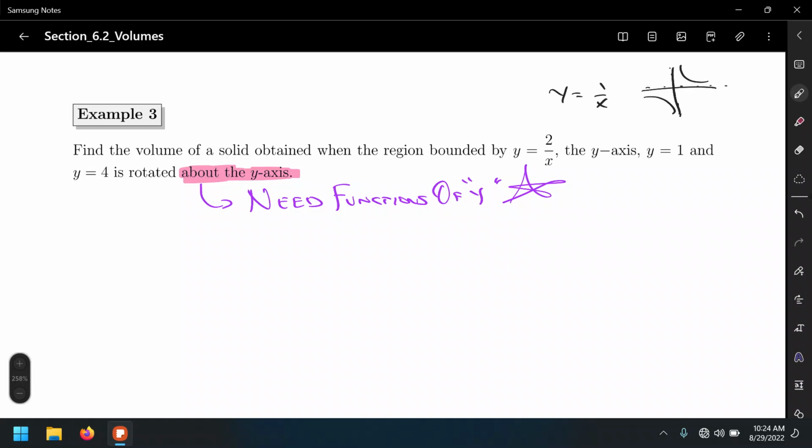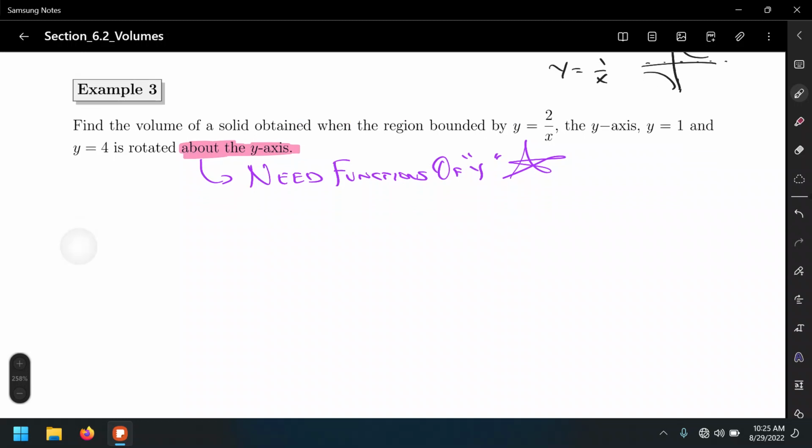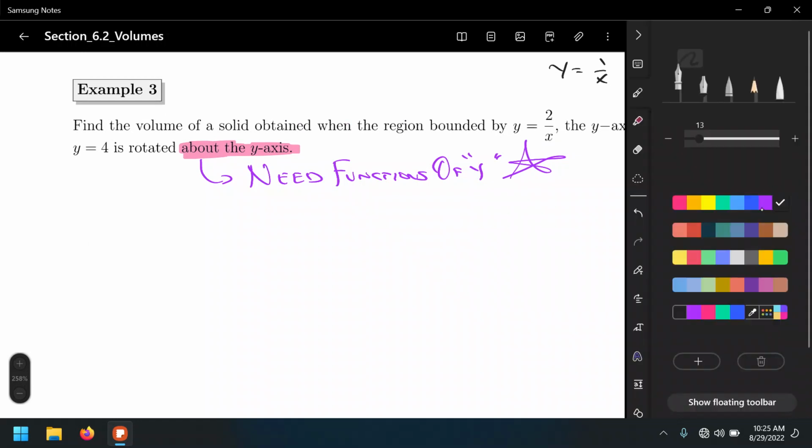But in this case, we're not going to draw the whole graph on both tails, because we are bounded by the y-axis, y equals 1, y equals 4. So we will only plot the part of the graph that is in the first quadrant. Drawing the graph of 2 over x is just going to turn into a little stretch, or rather compressed.